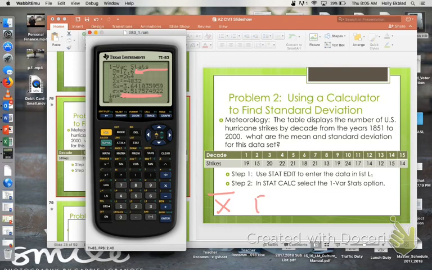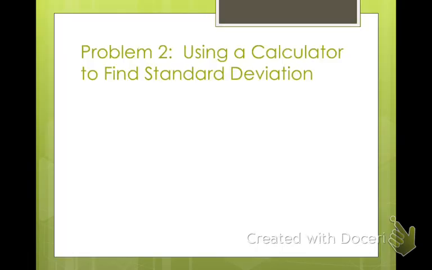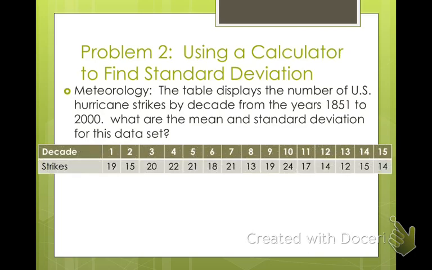So our mean in this case is 17.6 and our standard deviation is 3.51. There you go. So there's a way to do it on your calculator to check and make sure you're getting the right answers, but don't use it for all of them because I want to be able to see your work. Lovely.